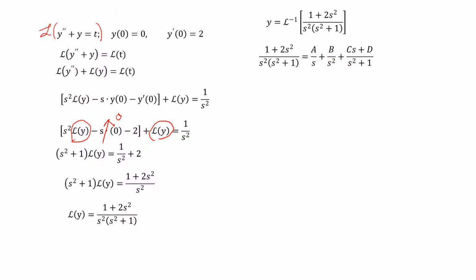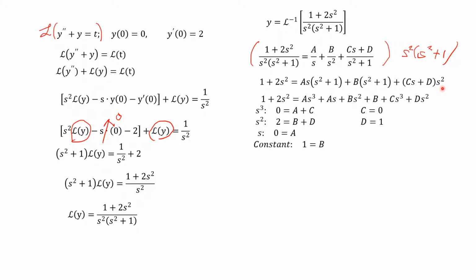Next step is to multiply this by s squared times s squared plus 1. That gives you 1 plus 2s squared equals as times s squared plus 1 plus b times s squared plus 1, plus cs plus d times s squared.